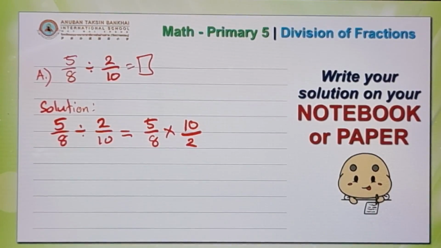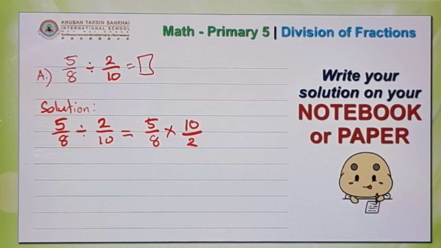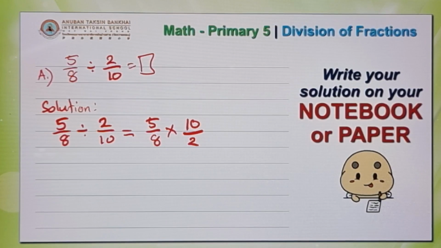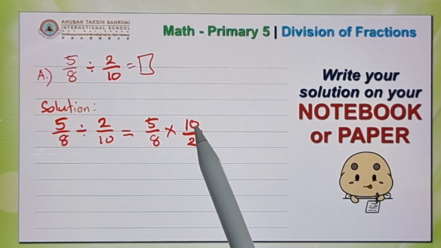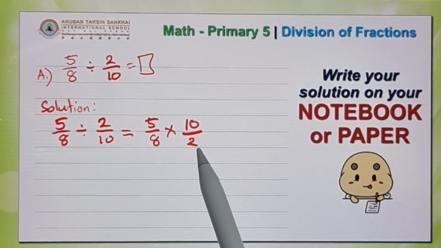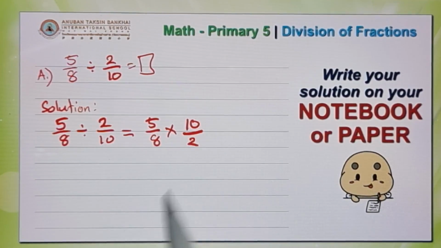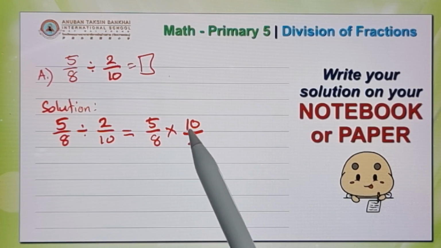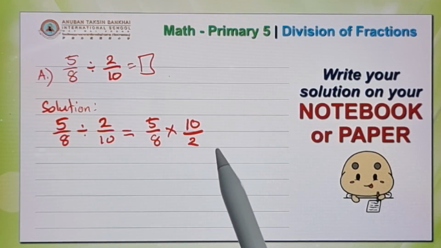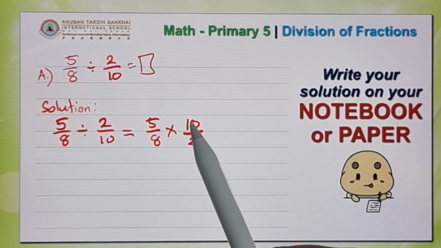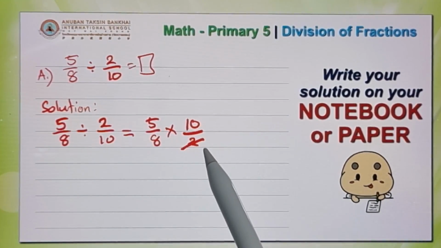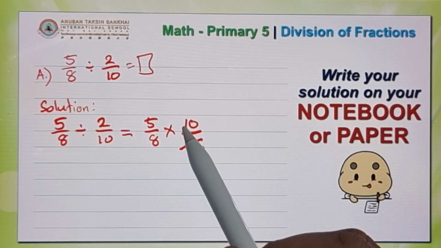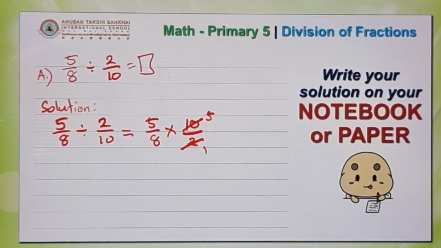Now, can we cancel? Yes, of course, we can cancel. We can actually cancel 8 by 10, or we can also cancel 2 and 10. I think this one is much easier. So we can use 2 to divide 10 and 2. 2 divided by 2, we have 1. 10 divided by 2, we have 5.